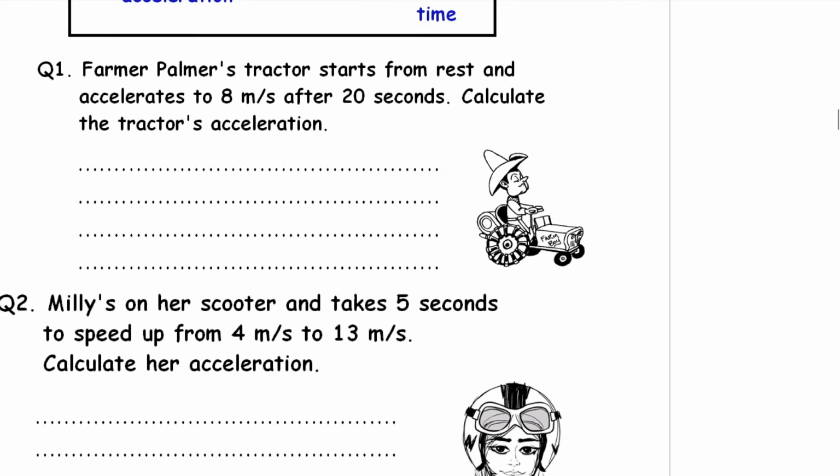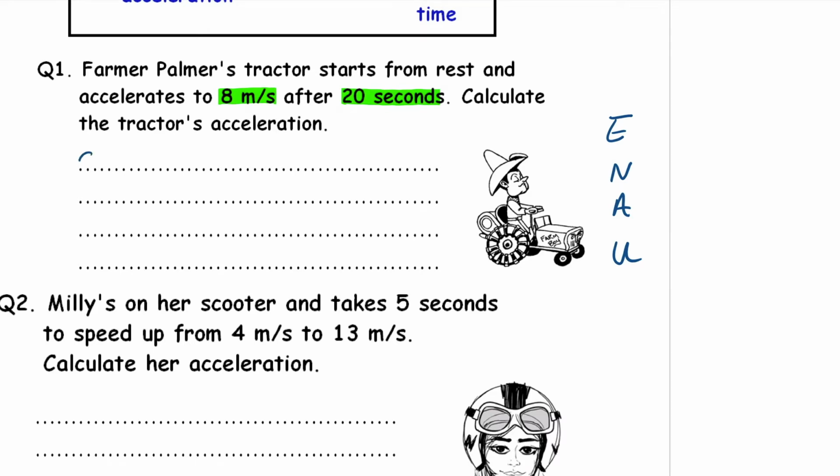Farmer Palmer's tractor starts from rest and accelerates to 8 meters per second after 20 seconds. So just as I showed you in lesson 1, remember the 4 steps: equation, number, answer, units to get the full marks.